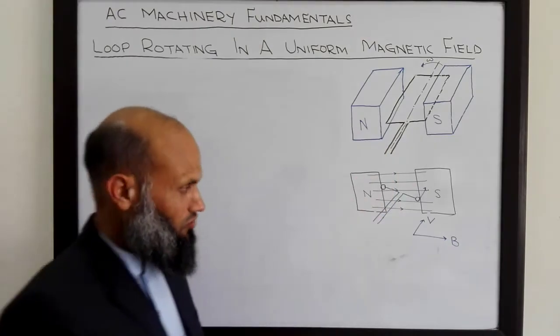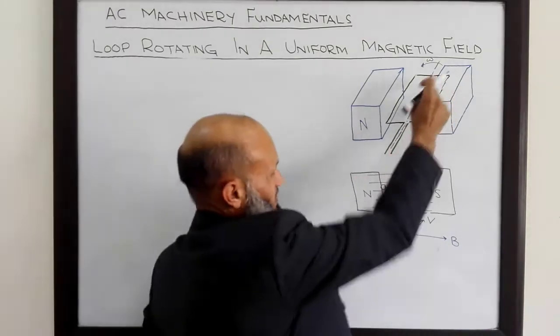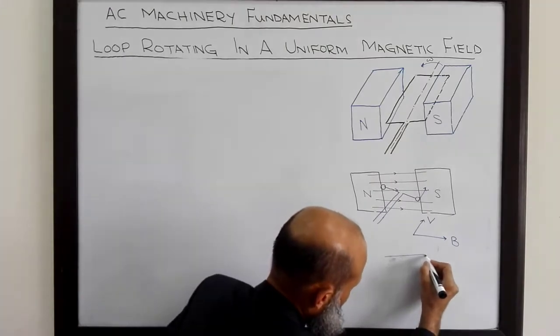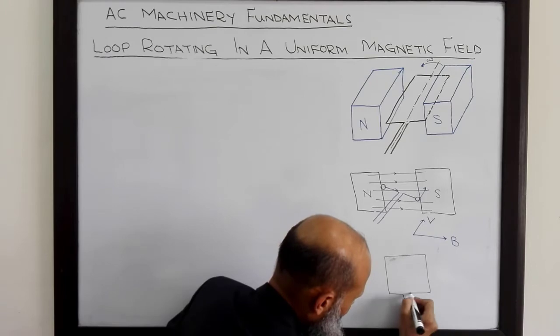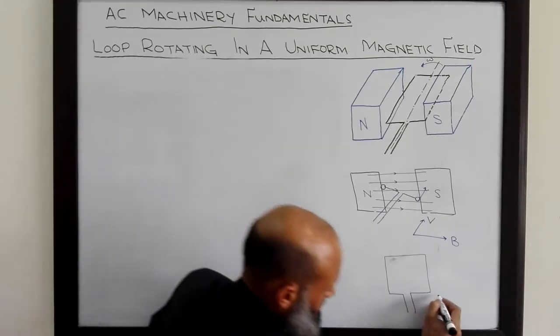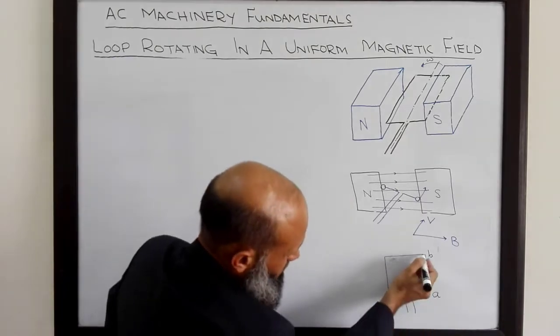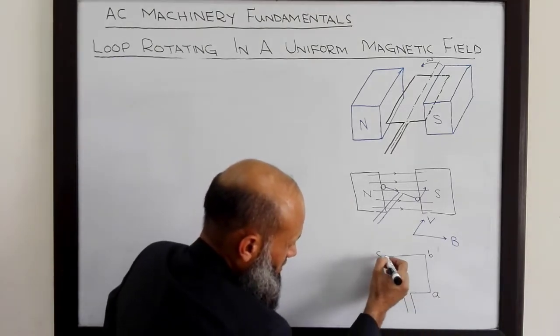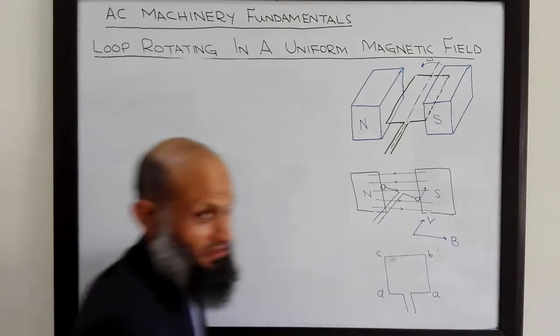This coil, you know, is a rectangular coil. Let's name each side of the coil. We have this rectangular coil with four sides. This side is named side AB, this one side BC, this one side CD, and this one side AD.